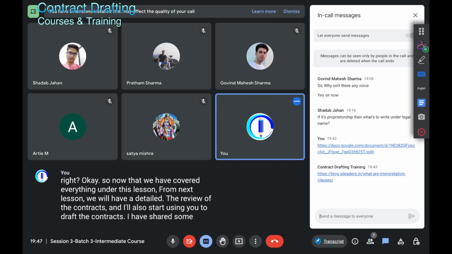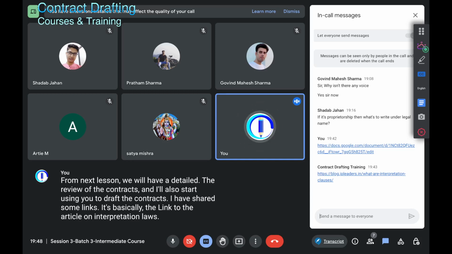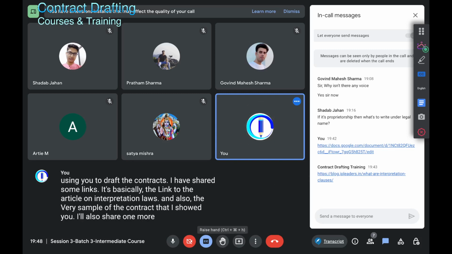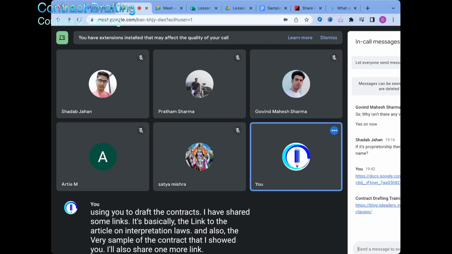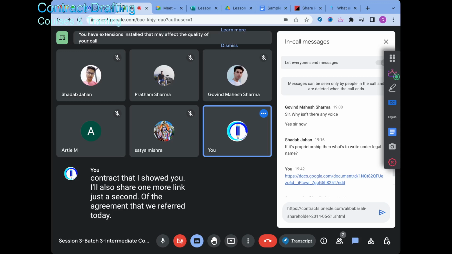It's basically the link to the article on interpretation clause and also the brief sample of the contract that I showed you. I'll also share one more link, just give me a second, of the agreement that we referred to today.